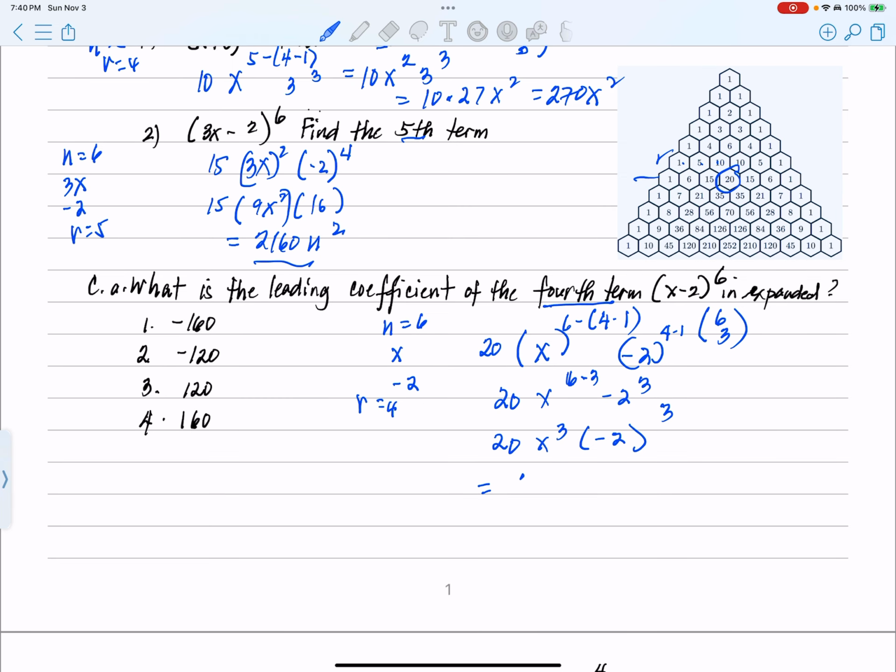Negative 2 to the third, that would be negative 8. Negative 8 times 20, that's negative 160 x to the third power. But you are asked the leading coefficient, so the answer here is negative 160.